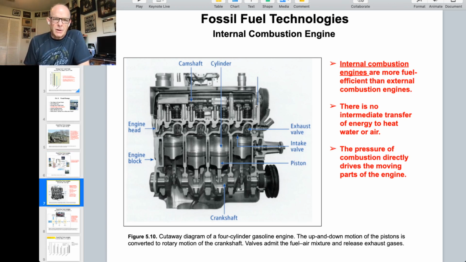An internal combustion engine we're familiar with in our car. It's still the same basic idea. We burn the fossil fuel, gasoline, that produces a thermal energy of a vapor cloud. That's the exhaust, the combustion products of that fossil fuel.